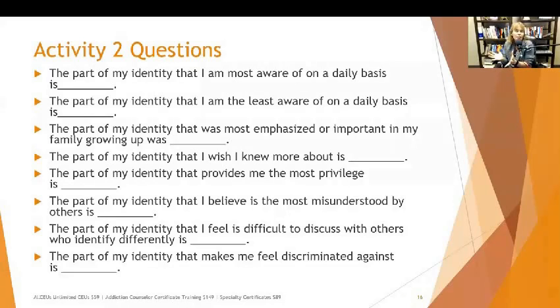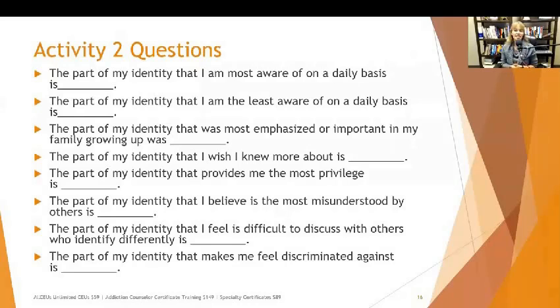So we want to start talking about why is that? Again, if they say my race or ethnicity is the part of my identity that I feel is most difficult to discuss with others who identify differently, well, they're all answering the question the same. So they're in that station and they can talk about why this is the most difficult aspect for me to discuss with others.